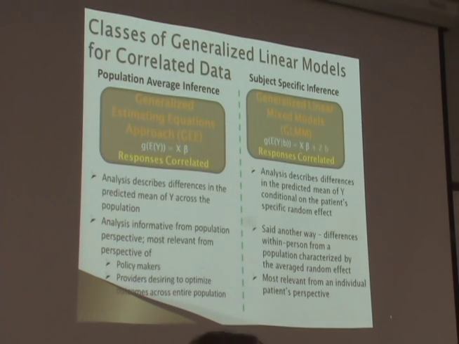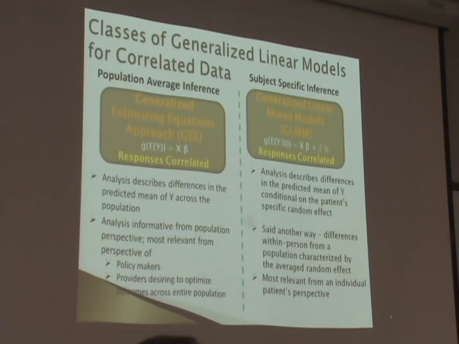So we're looking at between person effects, and those between person effects give us interpretations about populations, about depressed people, about men, about women, about people who get control versus people who get treatment. This analysis is informative from a population perspective. This could be for policymakers or even providers desiring to optimize outcomes across a population, say depressed individuals.